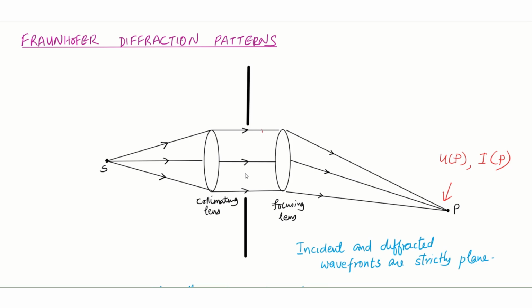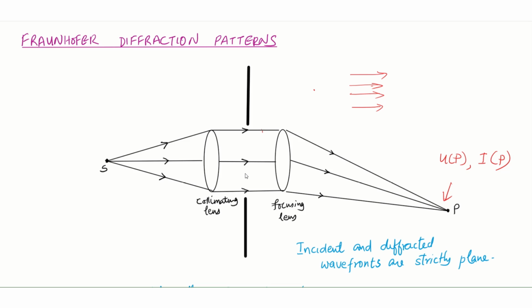Of course, if you have a source that is too far away, like the sun, whatever is coming in is a plane wavefront. The curvature is so negligible that you can consider it as a plane wave.